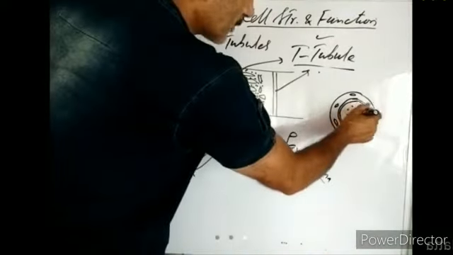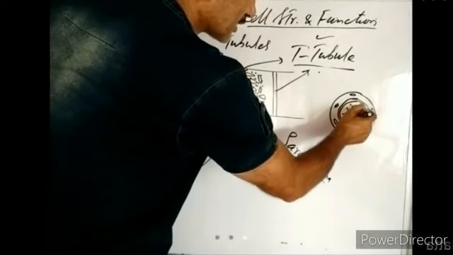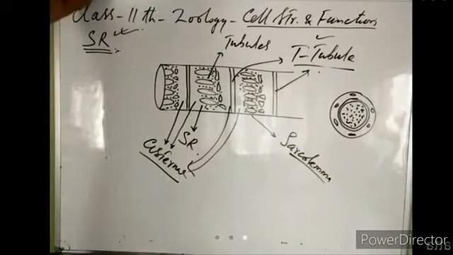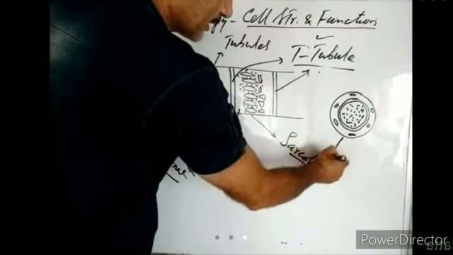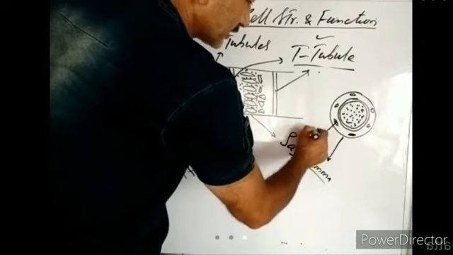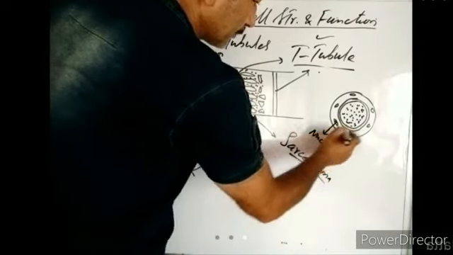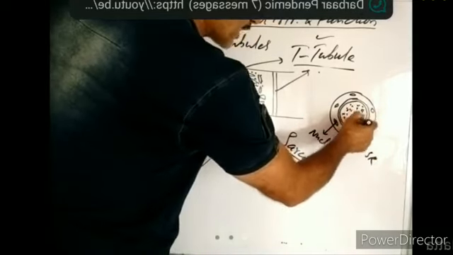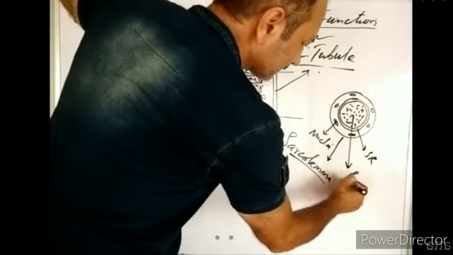Inside this, there is the sarcoplasm, the cytoplasm of the muscle cell. Hope you are understanding what I am saying. So the outermost covering is sarcolemma, below it are nuclei, below the nuclei is the sarcoplasmic reticulum, and inner to it is the sarcoplasm.